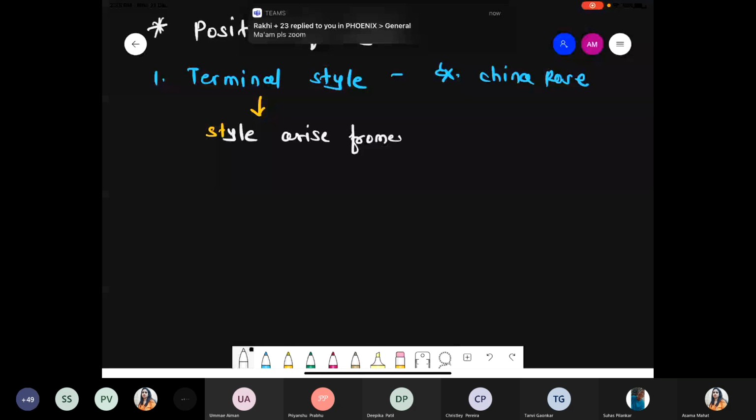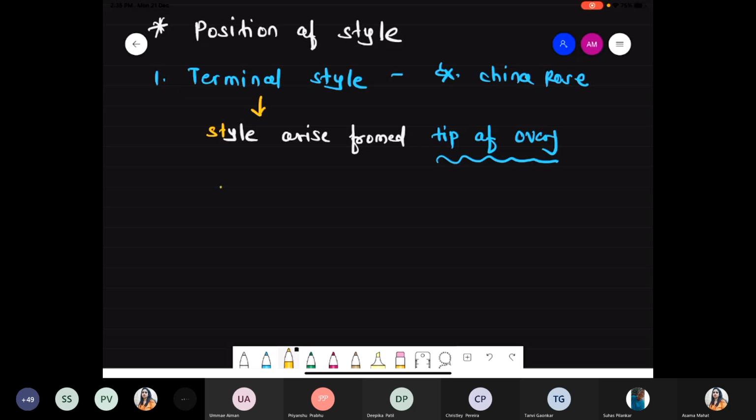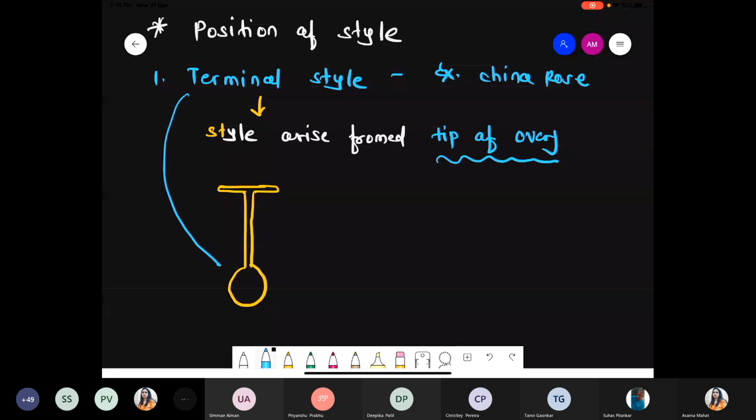So quickly we are taking the diagrammatic representation, very simple. These are the stigma, style, and the lower part is called the ovary. These are the parts of the terminal style, and the meaning is obviously that the style arises from the tip of the ovary. So number one, terminal style.